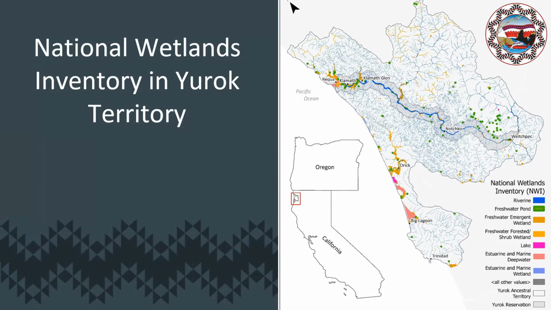The Yurok Reservation has since been constrained to 1 mile on either side of the Klamath River, up to 45 miles from the Pacific Ocean. The different colors on the legend represent the diversity of the wetlands and habitat types. As you can see here, there is a wide variety of wetland habitat types within the Yurok ancestral territory.